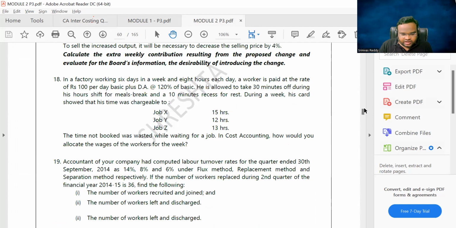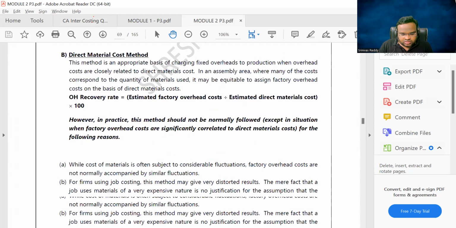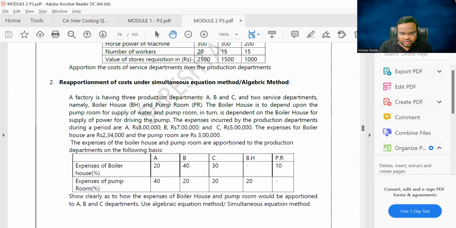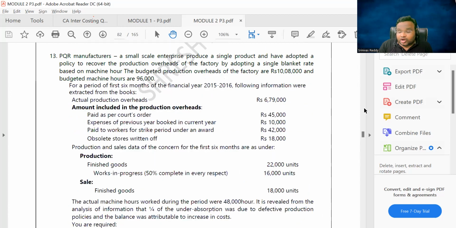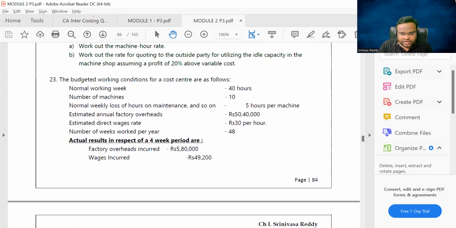Material, labor, and overheads. So you need not feel that, okay, you may not have the same numbers, but you'll be having similar questions in our material. Okay.